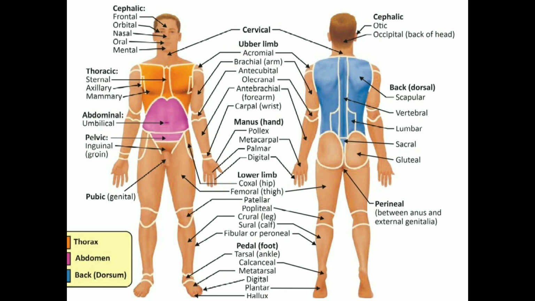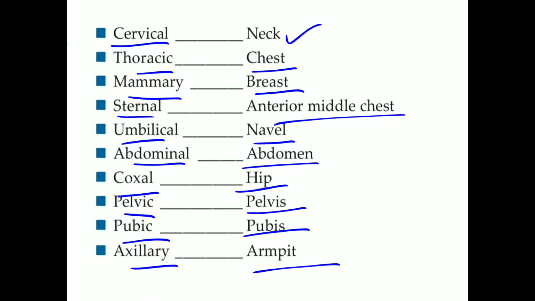Then palmar refers to the palm. Then digital refers to the fingers. Then manual refers to the hand. Inguinal refers to the groin. Then femoral refers to the femur. Then we'll discuss further.